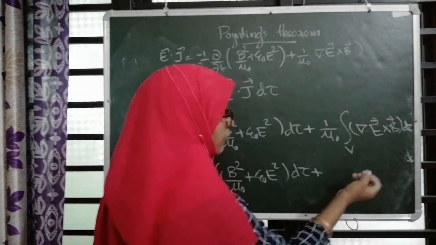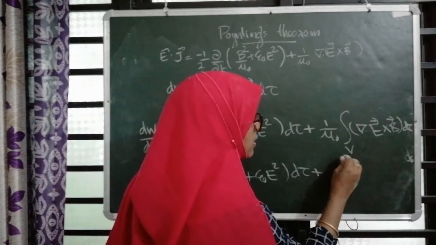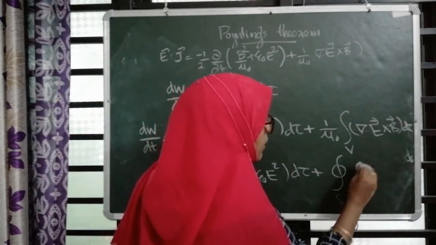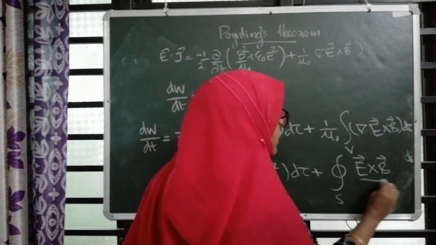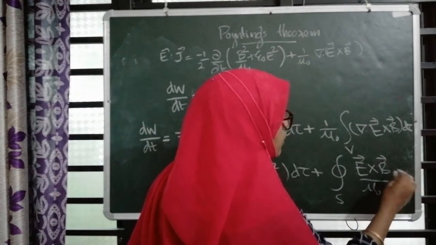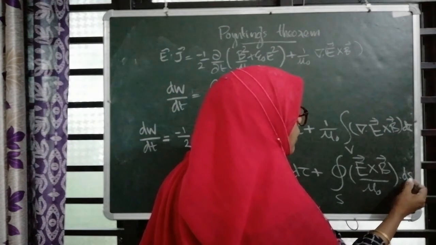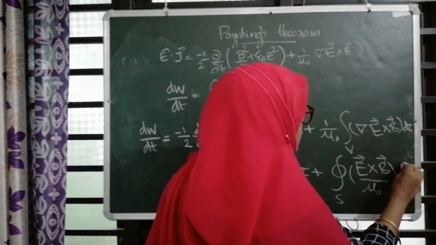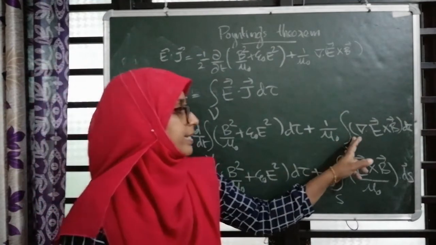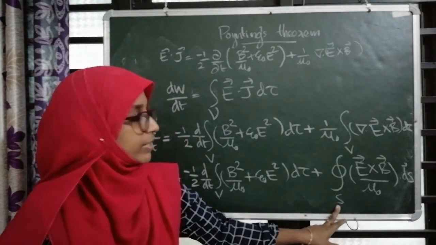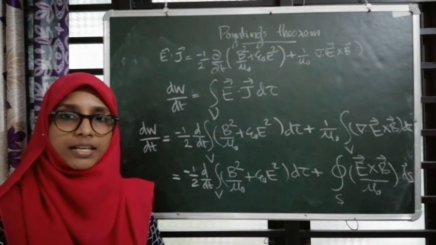After applying the divergence theorem, the second term turns into a surface integral of E cross B by mu 0 dot ds. That is, the volume integral is converted into a surface integral by applying Gauss's divergence theorem.